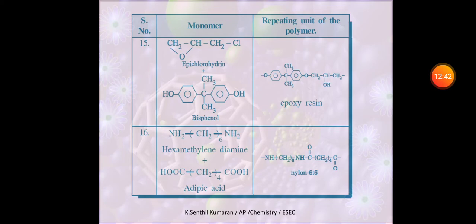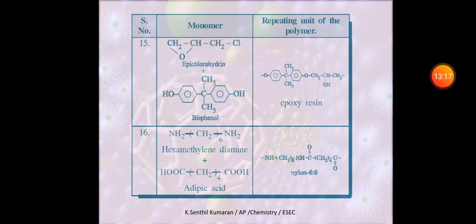Another important polymer is nylon 6,6. Here the 6,6 represents 6 carbon atoms in one monomer and another 6 carbon atoms in the other monomer. So here we have to use two monomers. One is hexamethylene diamine, another one is adipic acid. Hexamethylene diamine has how many carbon atoms?